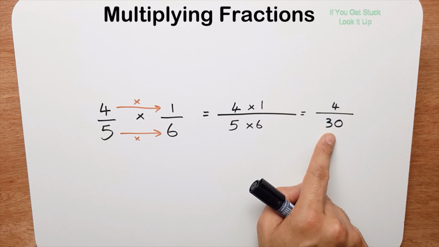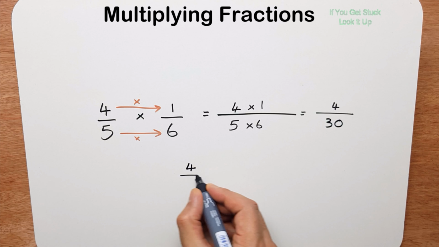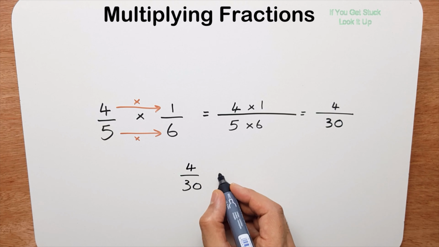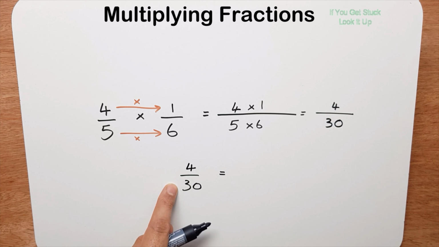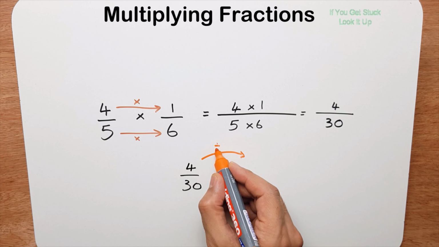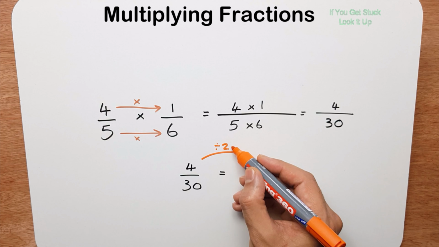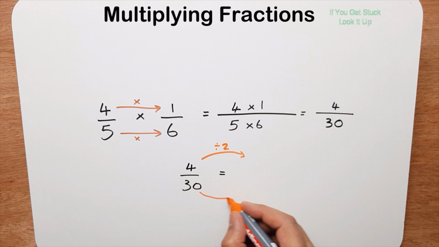Now I want you to look at this. I can simplify this. So let me go here, 4/30. Now I can see that they're both even numbers. So I can divide the numerator or the top number by 2. And whatever I do to the top, I have to do to the bottom.